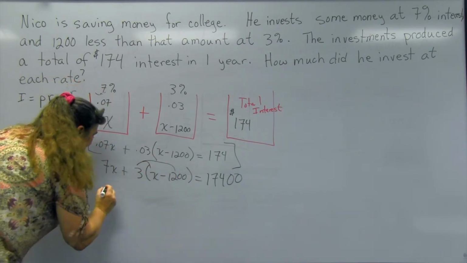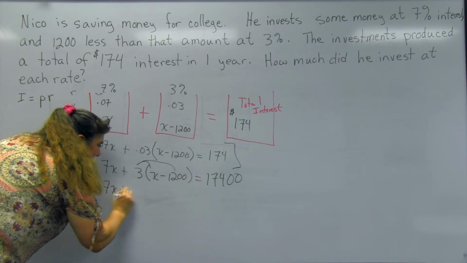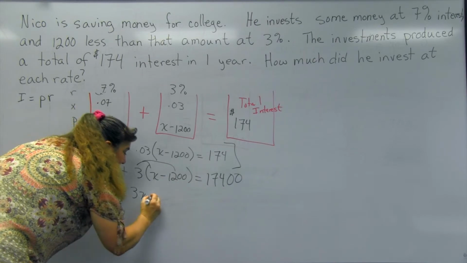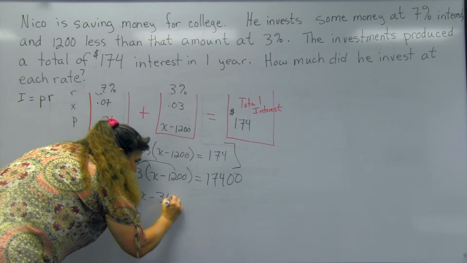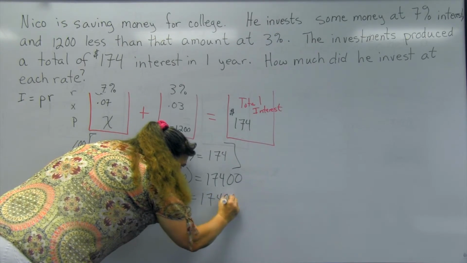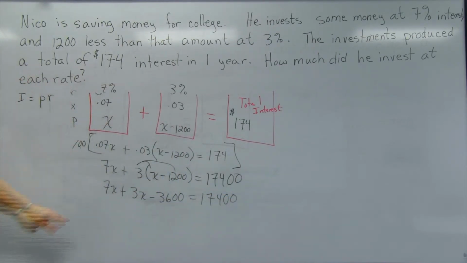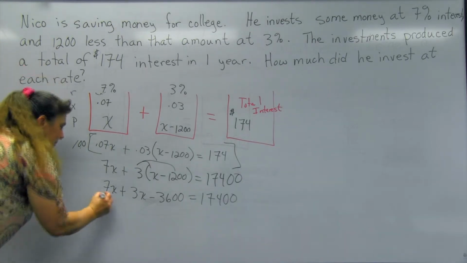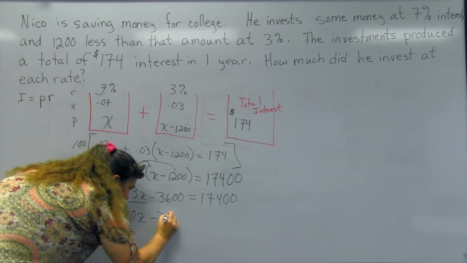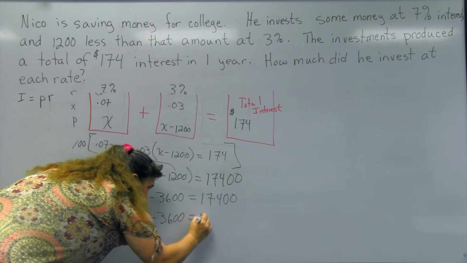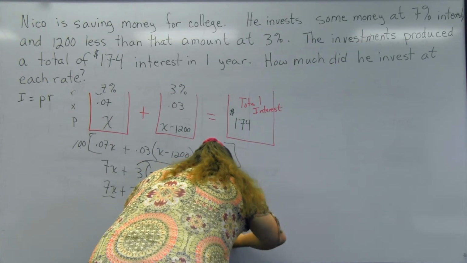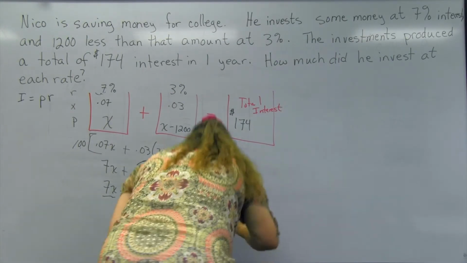This one goes like this, 7x plus 3 times x is 3x. 3 times a negative 1,200 is minus 3,600 is equal to 17,400. Combining those like terms right here, that makes 10x minus 3,600 equals 17,400. And we're going to move up because we're 17,400. Copy it right. There we go.